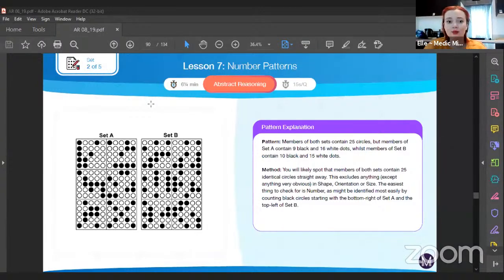So just to summarize what we've been through today, we've talked about abstract reasoning. Abstract reasoning is where you're looking for patterns, and there's 4 key types of questions. Practice all of them, get used to all of them. We focused on the type 1 questions today. Within that, you can use SPLUNK, which is an acronym to help you look at different types of patterns. You don't need to use it on every question though.